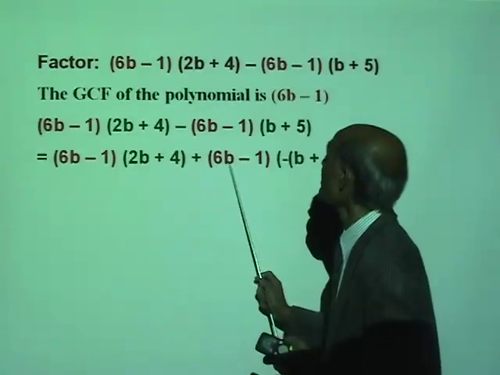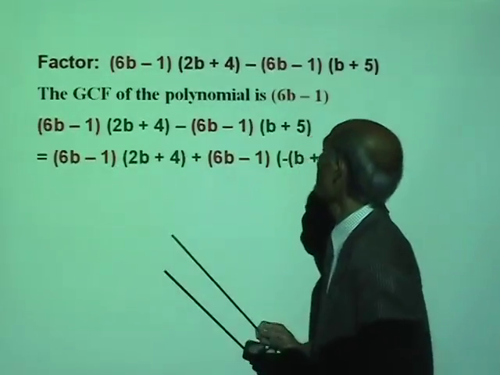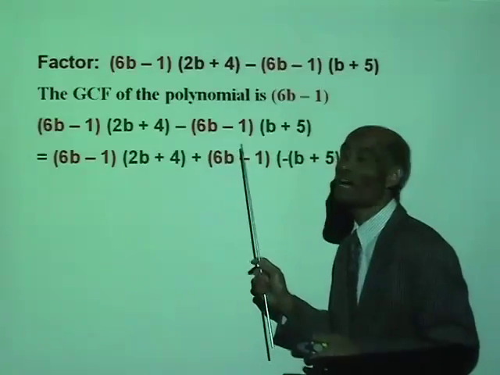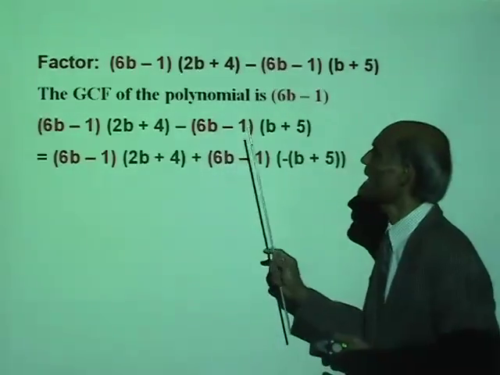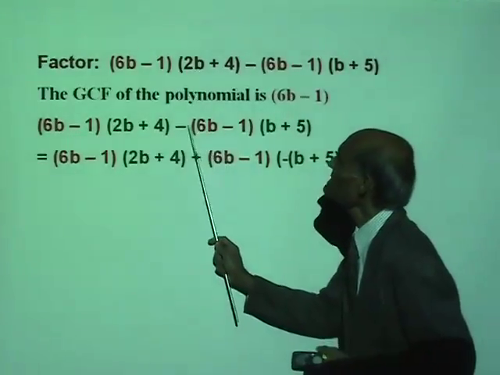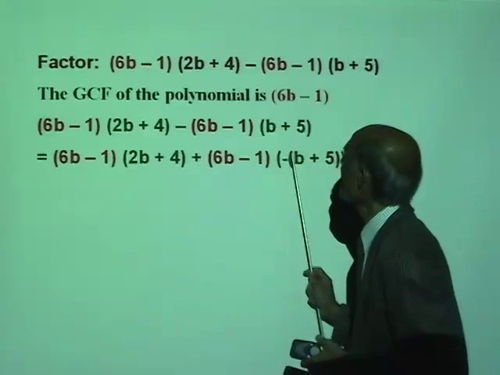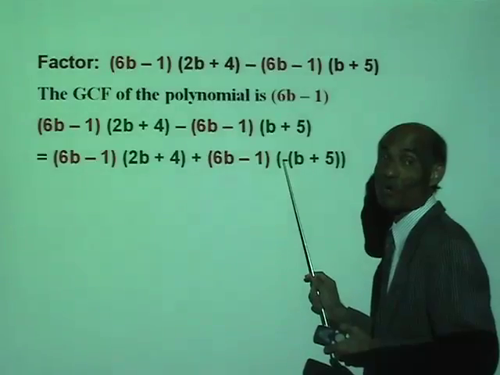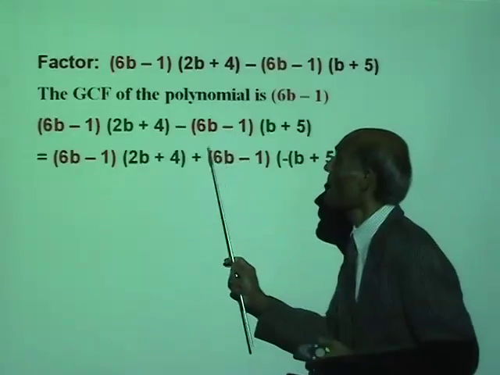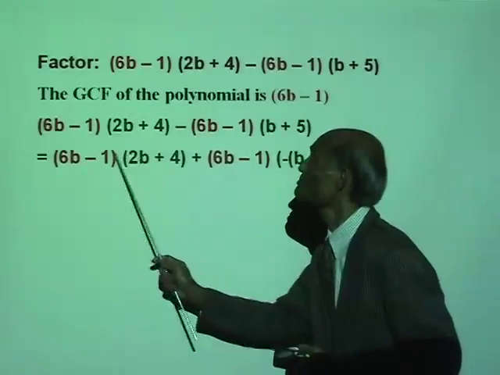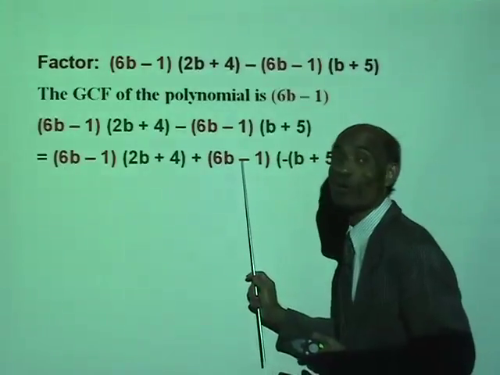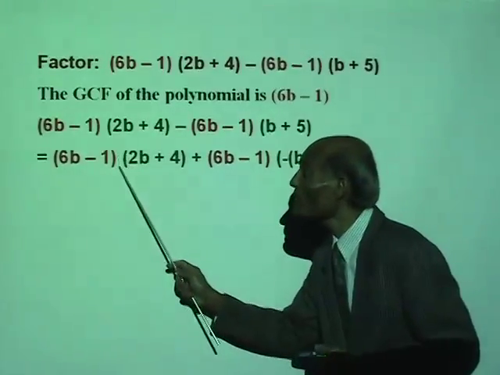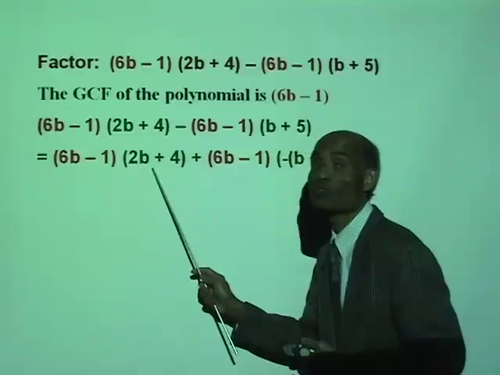Okay, I'm going to now factor out this 6b minus 1. You see, I did a little change in here. I made the sign positive by bringing that negative sign over here. You know why I did that? After factoring out the 6b minus 1, what is left in the first term is 2b plus 4.